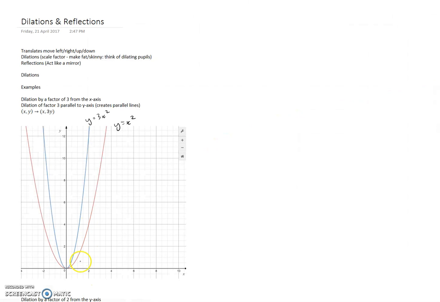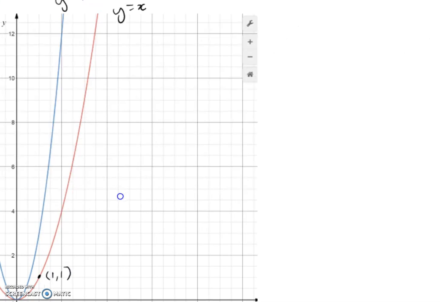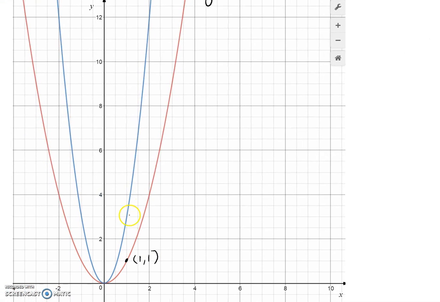So what I'm going to do is pick a point. Along the red parabola, that point there is (1, 1). Now, if I'm looking at y equals 3x squared, at x is 1, y is 3.